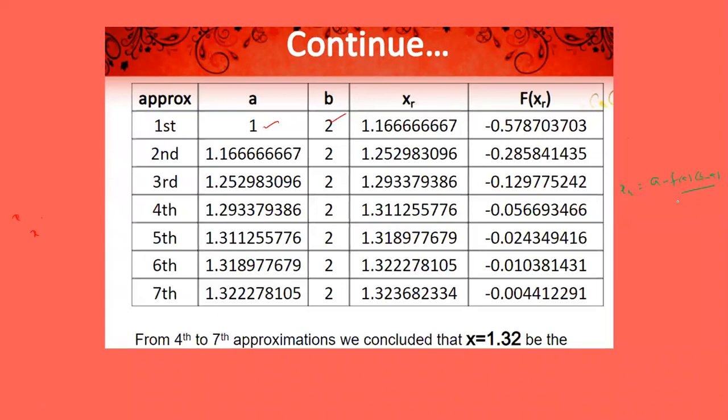Okay, this is the formula. So first, if you substitute, this is a and this is b, you will get this value. And this is the f of x value.